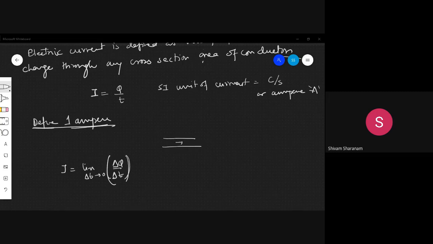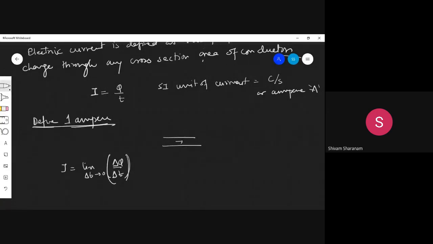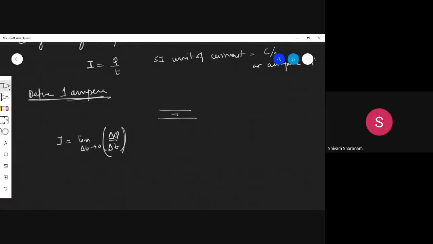So in terms of mathematics, you can define that the current through any conductor at any time is the first derivative of charge with respect to time through the cross-section area of the conductor. This is a different kind of definition, for the class 12th standard.